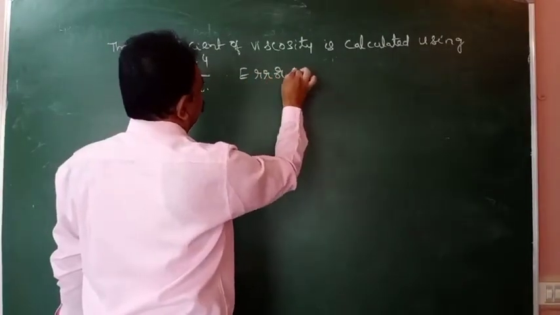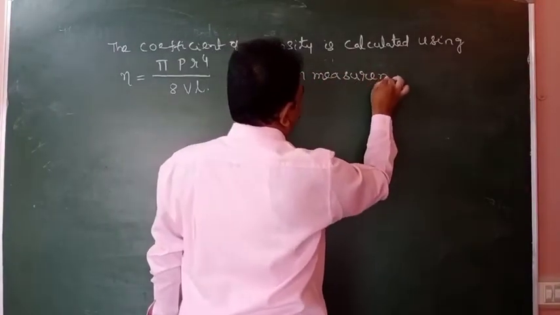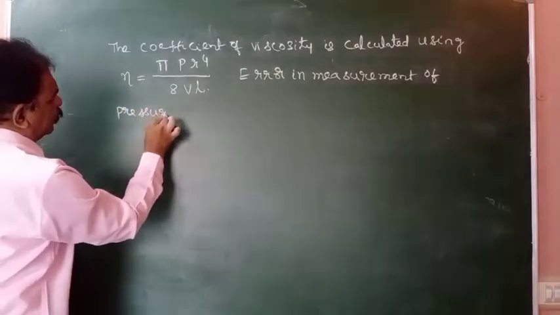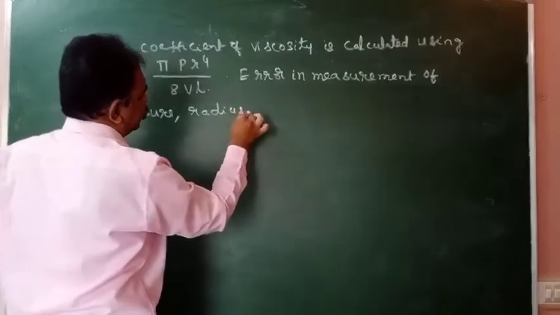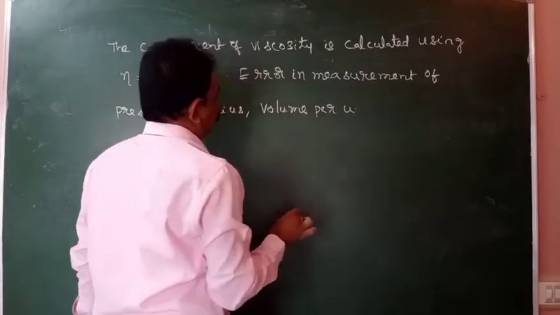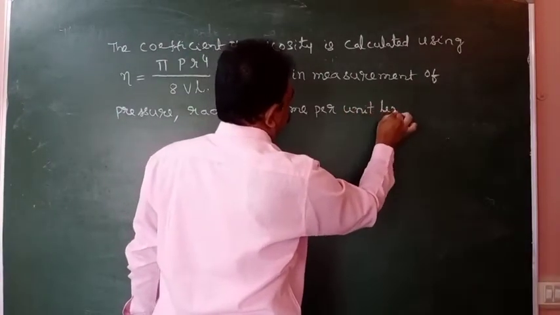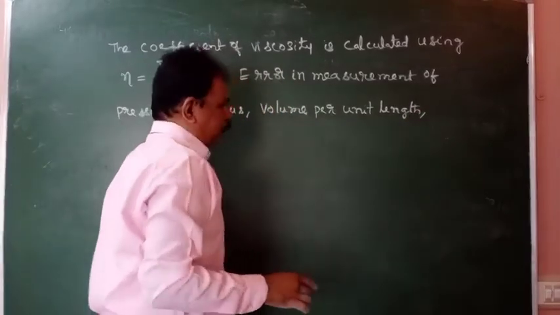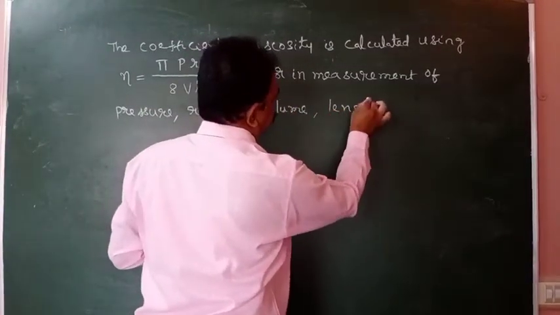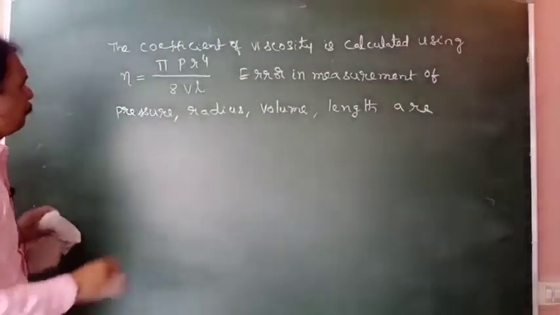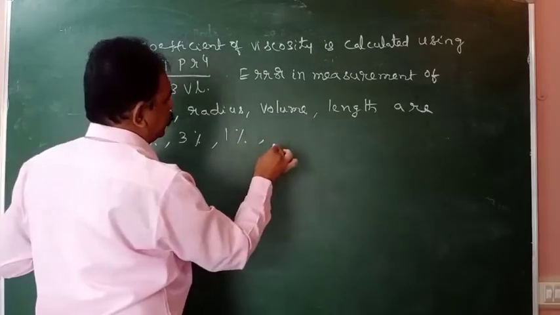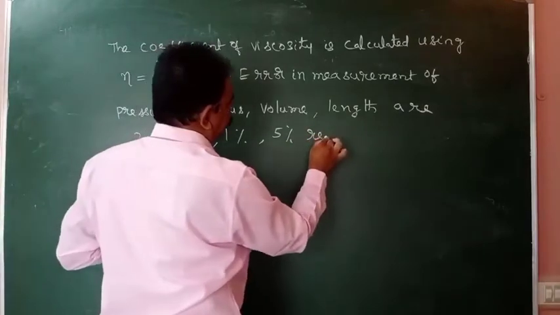Errors in measurement of pressure, radius, volume, length are 2%, 3%, 1% and 5% respectively.